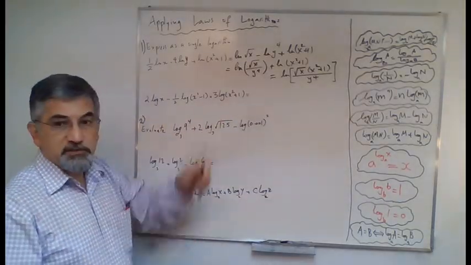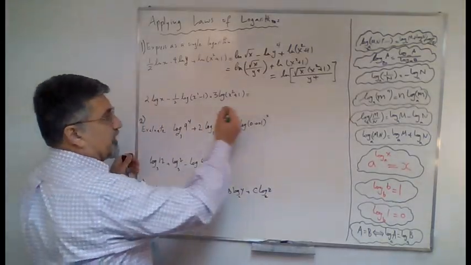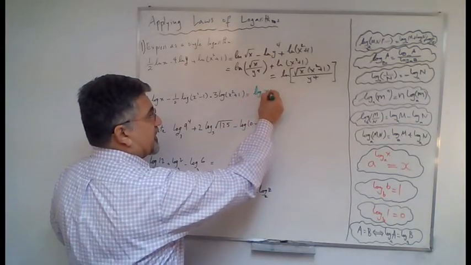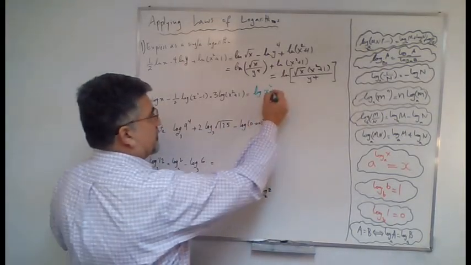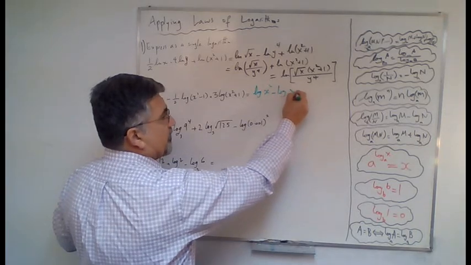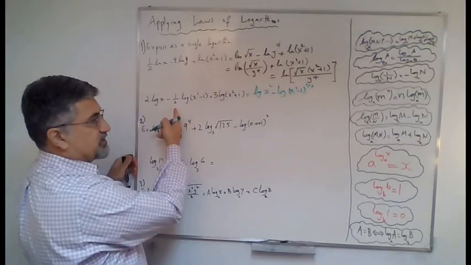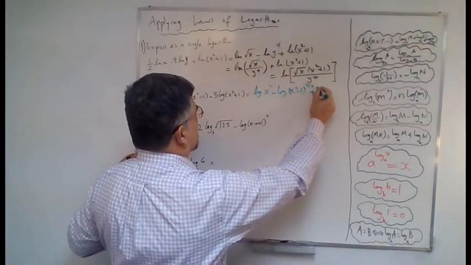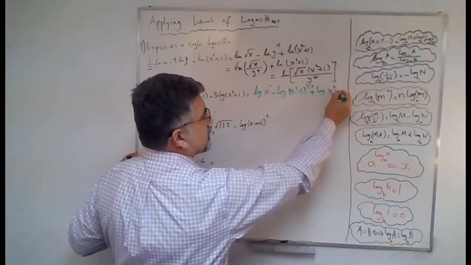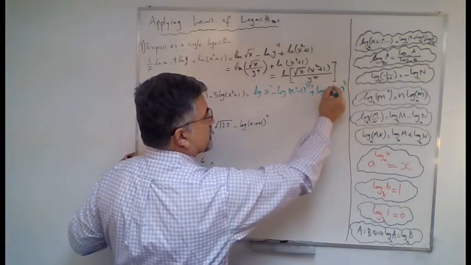Next exercise is very similar to that one. So we have log of x squared, and then minus log of x squared minus 1 raised to the exponent of 1/2, that's the coefficient, and then plus log of x squared plus 1 cubed, actually.